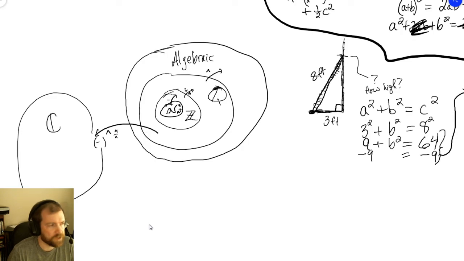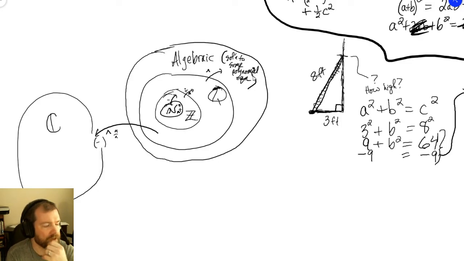Algebraic numbers are solutions to some polynomial equation. Which also means that your coefficients have to be rational numbers. Technically, that means that it's equivalent to having them all be integers.